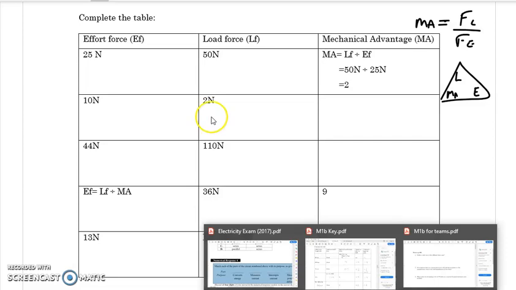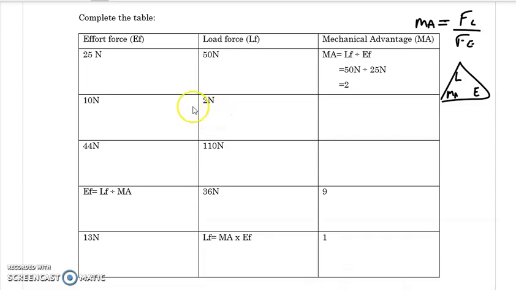If you've got 2 newtons of load and 10 newtons of effort, mechanical advantage is going to be 2 divided by 10. That gets you a mechanical advantage of 0.2. Oh, sorry, 0.5.